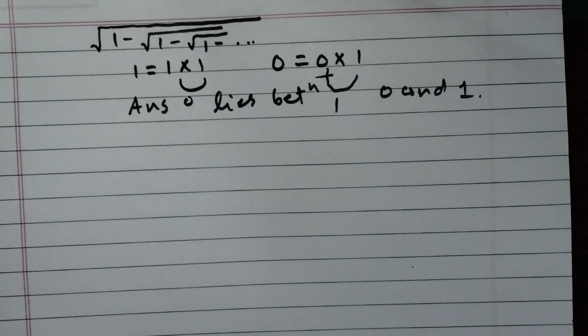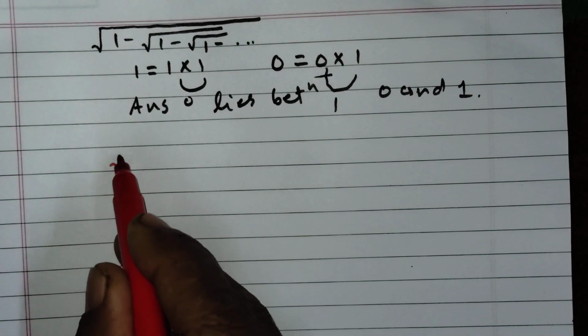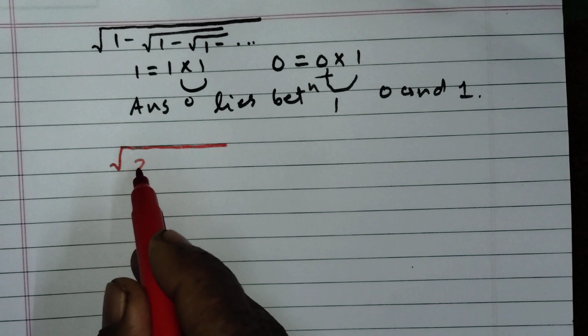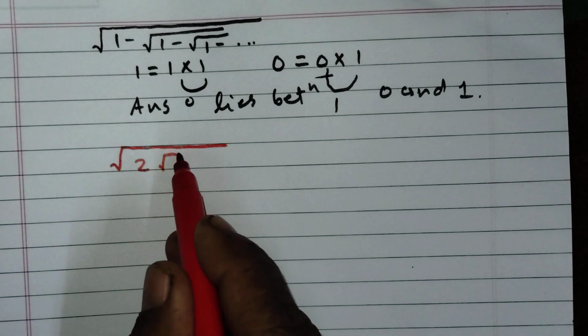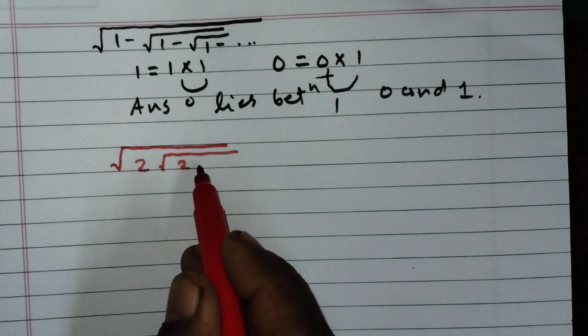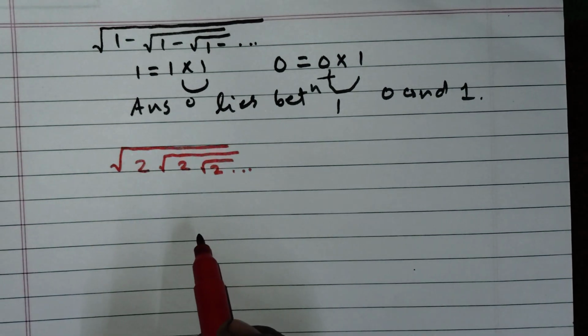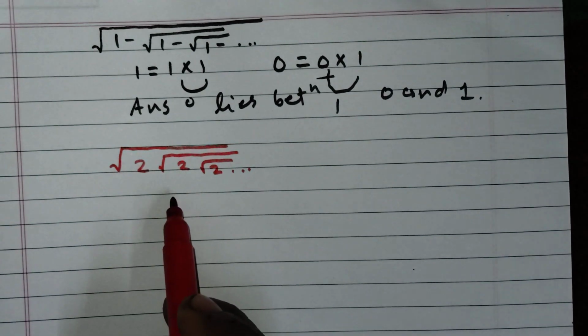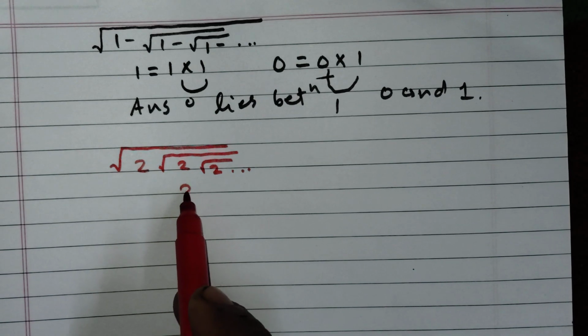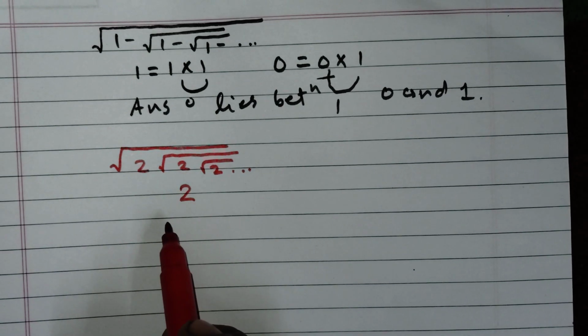Next, our important property is about the question square root 2, then square root 2, then square root 2, then dot dot dot. Dot dot means infinite times. So the answer of this question, we can say directly, is 2. This is the direct answer.